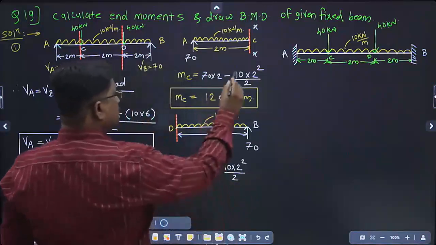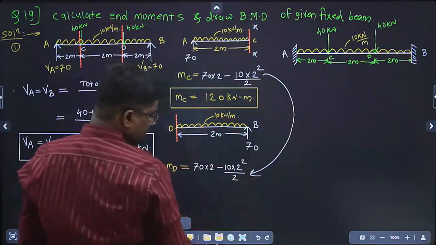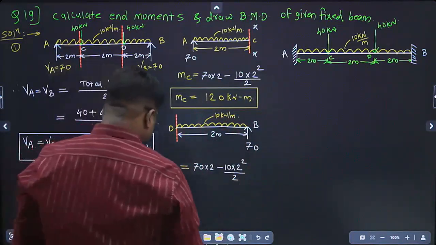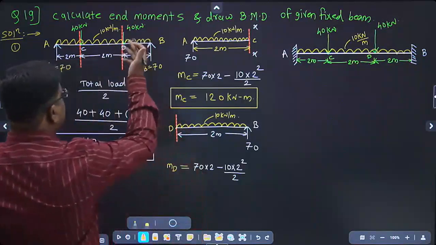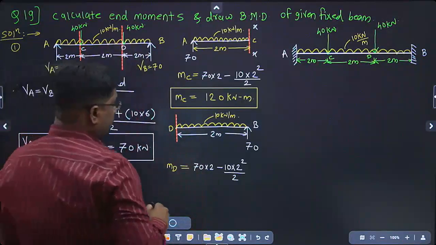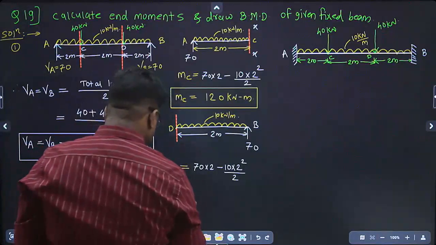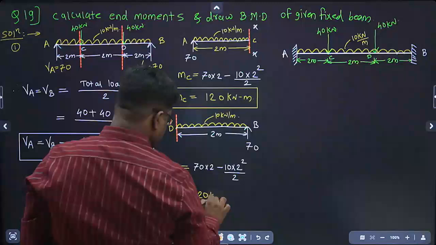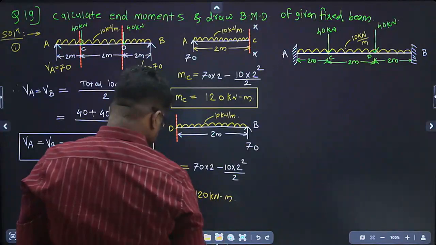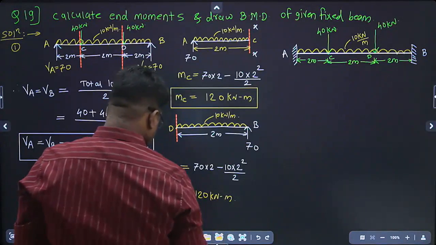Same equation you will get, so the answer will be the same, because it is symmetrically loaded. Free bending moment at C and D should be the same. So free bending moment at D is again 120 kilonewton meter.